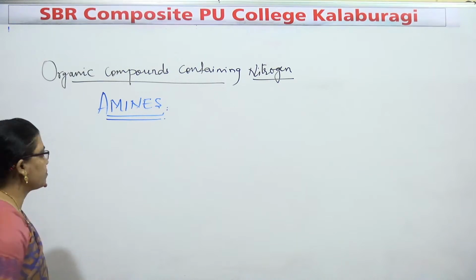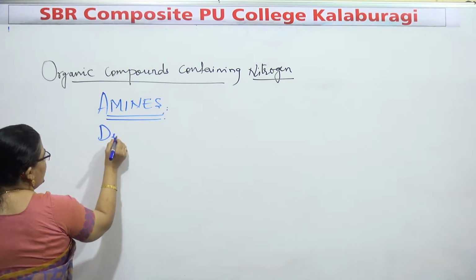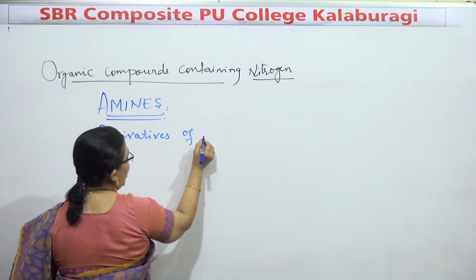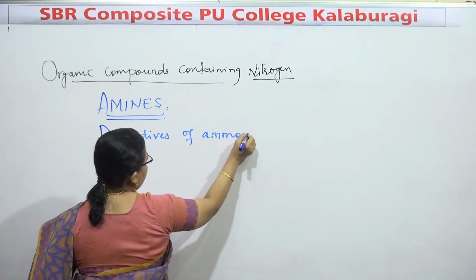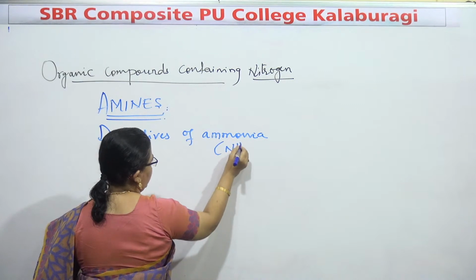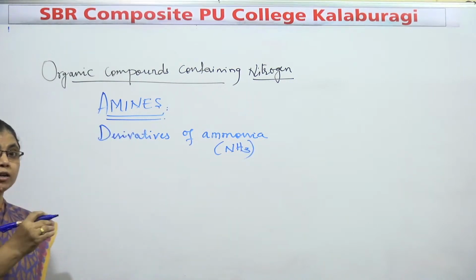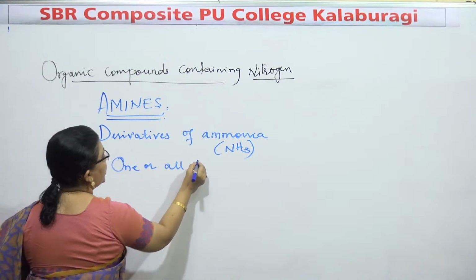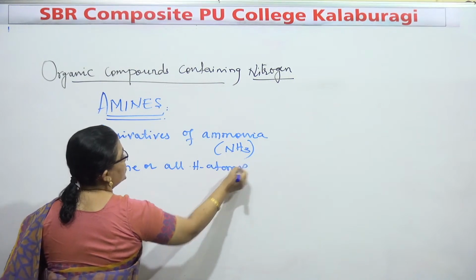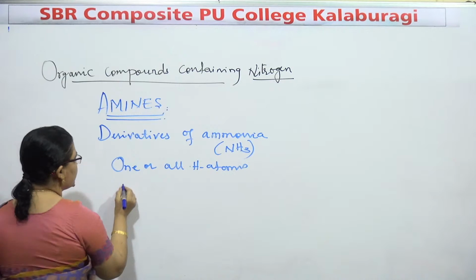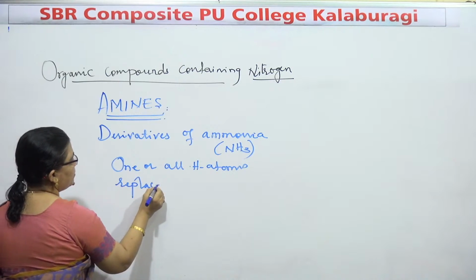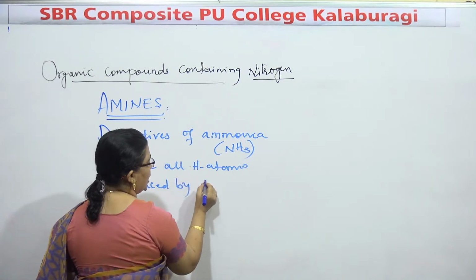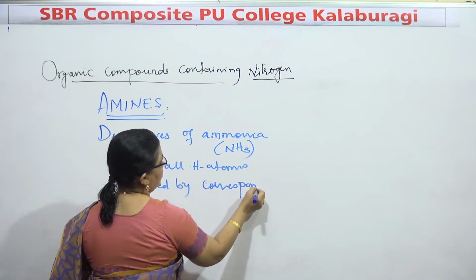What are amines? Amines are the derivatives of ammonia, NH3, where one or all hydrogen atoms are replaced by the corresponding number of alkyl groups or aryl groups. Concentrate on this sentence.